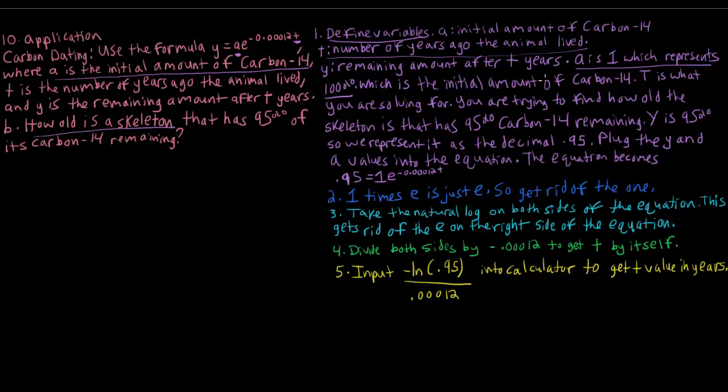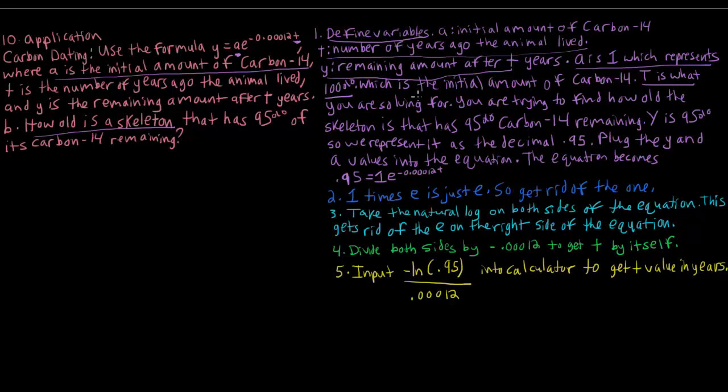Then you have y, which is the remaining amount of carbon 14 after so many years. Again, t is what you're solving for.